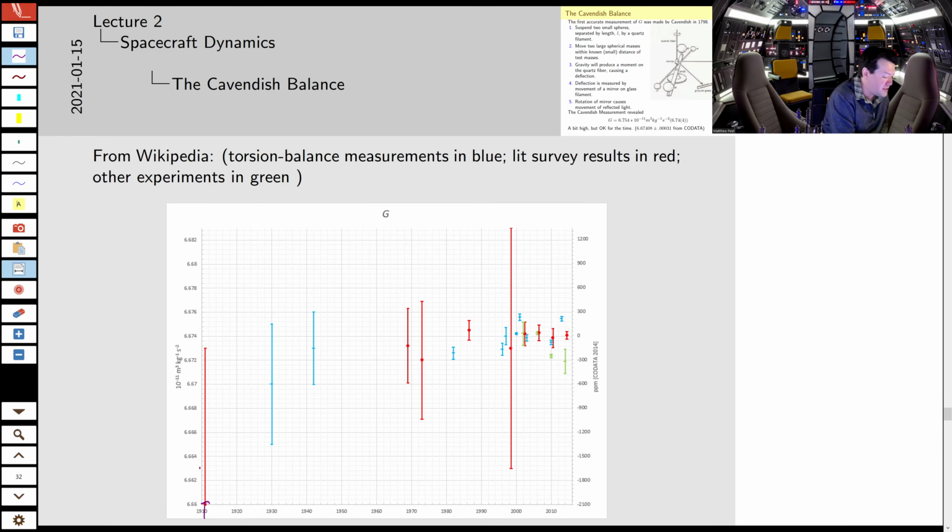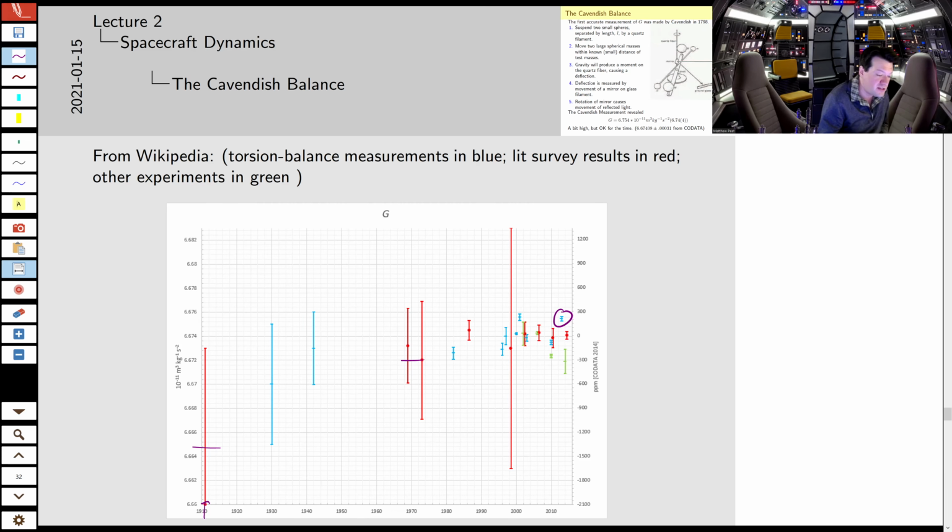Very little confidence in our measurement of the gravitational constant up until recent times. The blue lines are torsion balance measurements, using essentially the same measurement apparatus as Cavendish, up until, I think, 2004, probably something like that.